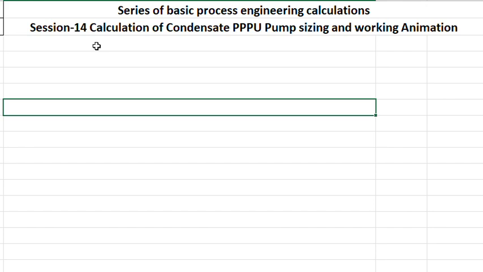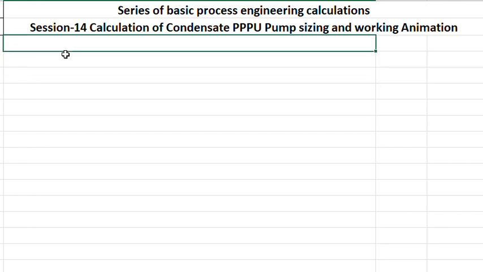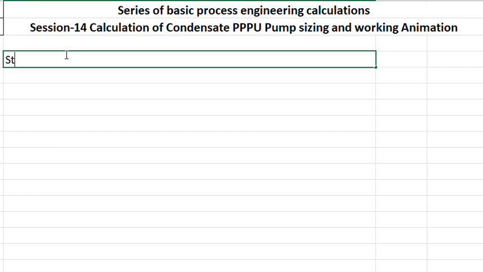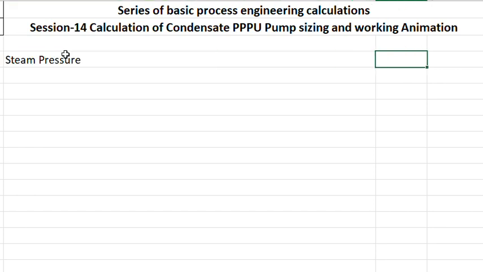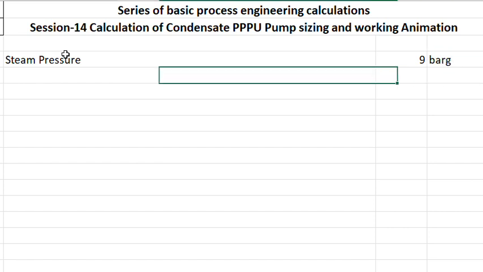Okay, so in this session we will first look at how to calculate the sizing. To calculate that we need some input data, like steam pressure, what steam pressure is available. As per the IBR boilers in the plants, we have 9 bar gauge of steam.